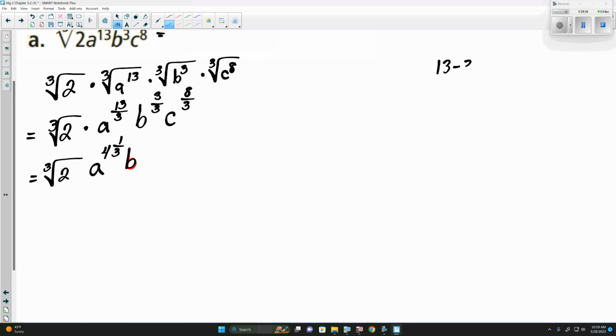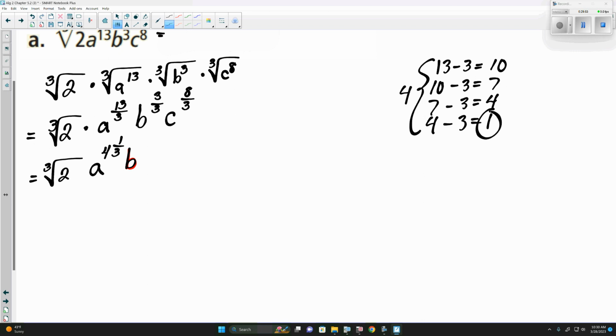So 13 minus 3 is 10. 10 minus 3 is 7. 7 minus 3 is 4. 4 minus 3 is 1. We can't do it again. So we did it 4 times. There's our whole part. And then we put the remainder over 3. So 4 1/3.